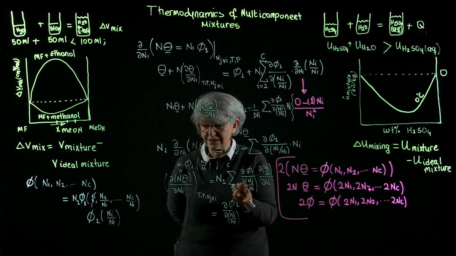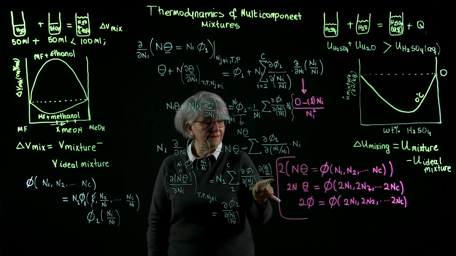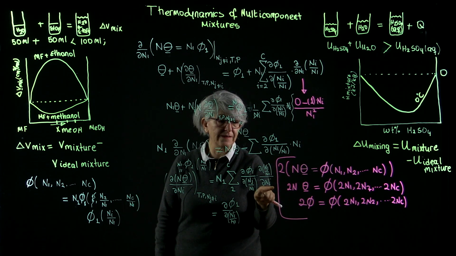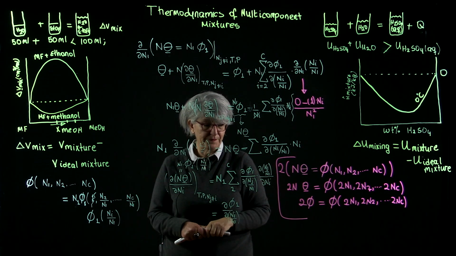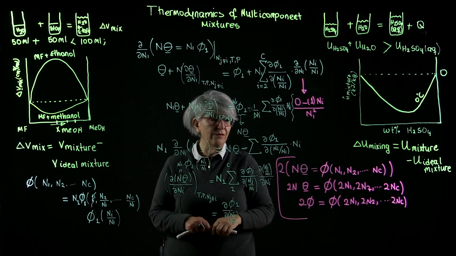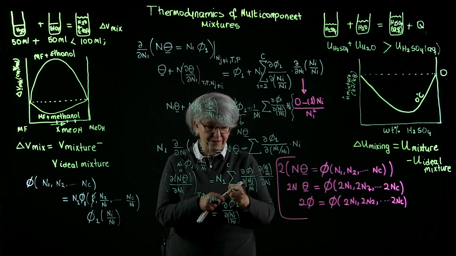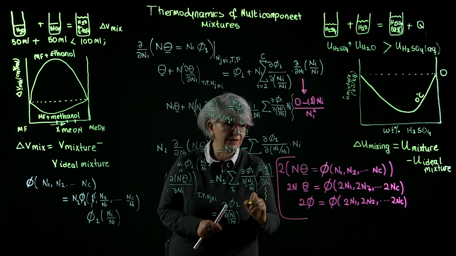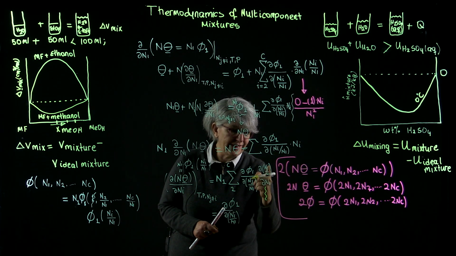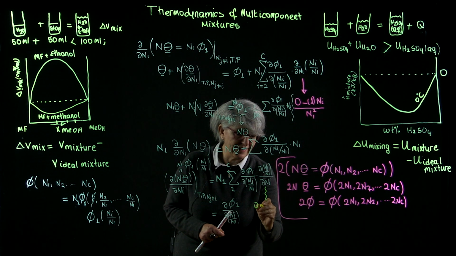The second term is the differentiation of this phi 1 with respect to ni. That differentiation is going to be equal to del phi 1 over del nj, times del nj over del ni, minus nj times del n1 over del ni, divided by n1 squared.